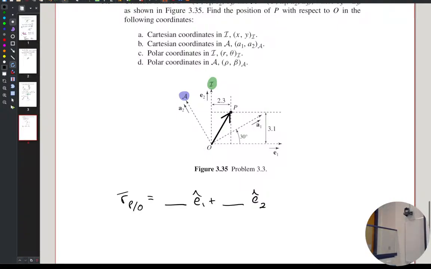So coordinate system I, and highlight it. So in I, what are those two components? So just be 2, 3. Yeah. It's just right there. There's no math.